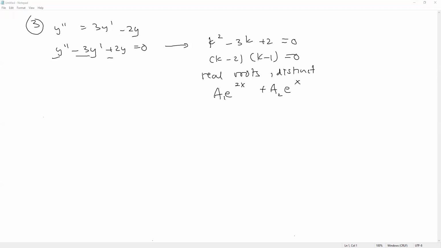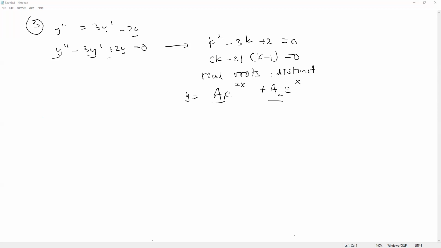Now, how to find the constants a1 and a2? Well, in this case, we are going to substitute with the known information. This is y.